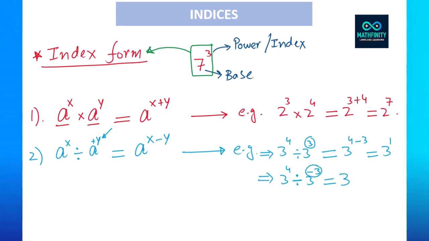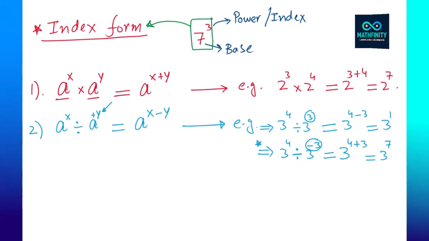Bases are the same and a division sign is between them, so you change the sign of this number. So we write positive 3, and 3 power 7 is the final answer. Hopefully you understand the second rule. A lot of students make mistakes, so please take care about this issue.